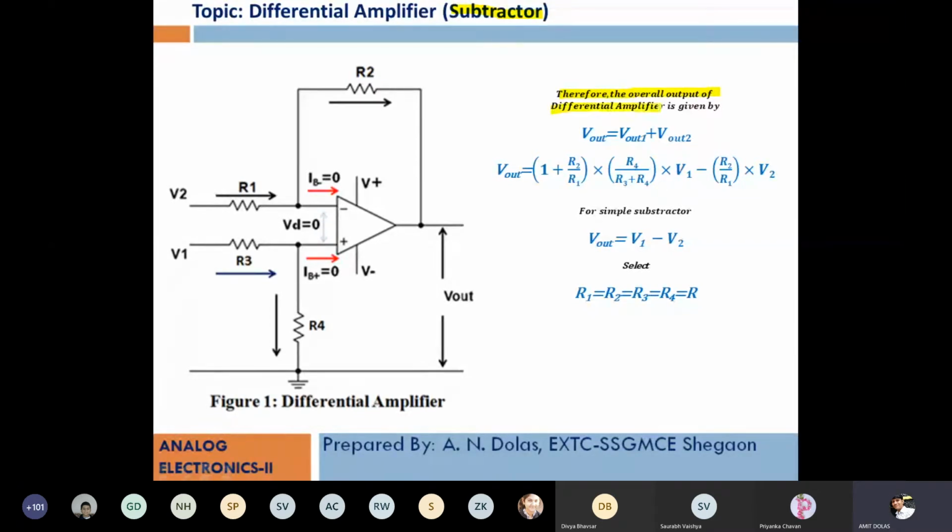Putting in the values of Vout1 and Vout2, which we already calculated on the previous PPT, Vout will be equal to the non-inverting Vout1, which is 1 plus R2 by R1 into R4 by R3 plus R4 into V1, and the Vout2 equation is minus R2 by R1 multiplied by source V2. So this formula will give you the composite output, which is the effect of V1 as well as V2 together.